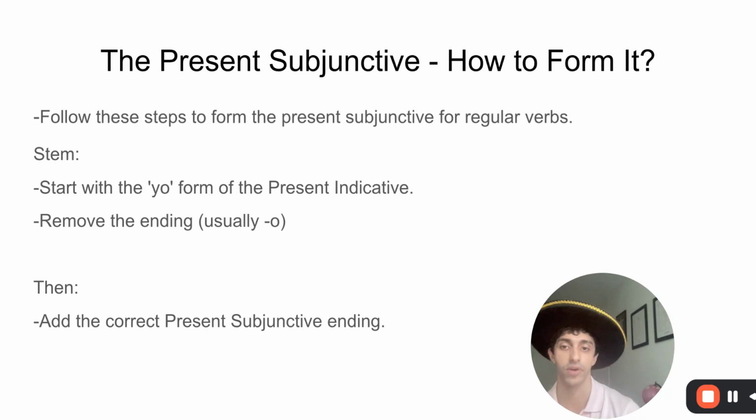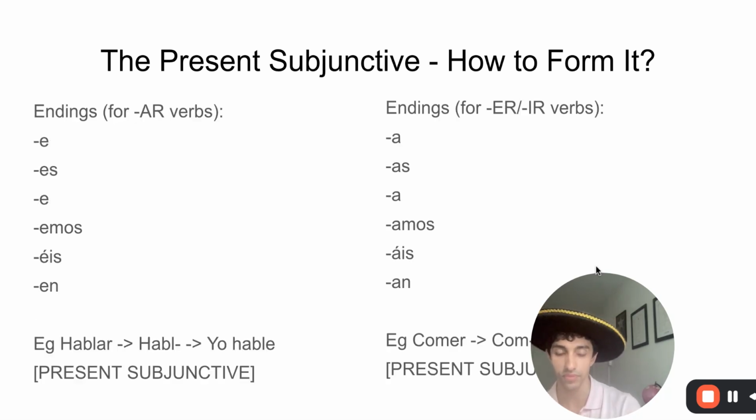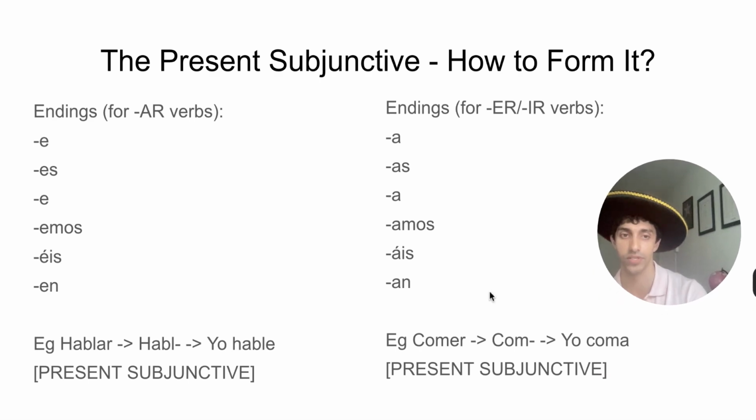And then you'd add the correct present subjunctive ending, which I'll just show you. These are the lists of present subjunctive endings. So on the left-hand side, we've got the endings for regular AR verbs, which are e, es, e, emos, éis, en. For example, if we look at the verb hablar, meaning to speak, the yo form of the present tense is hablo, meaning I speak.